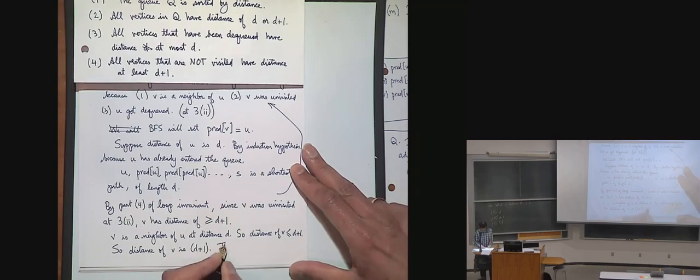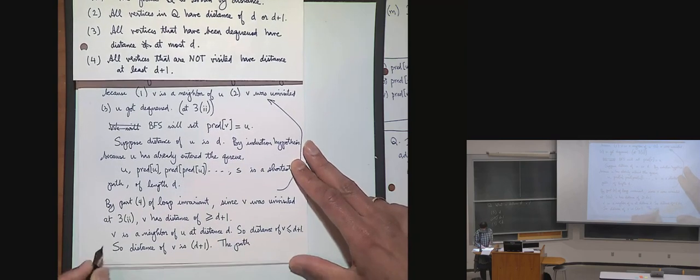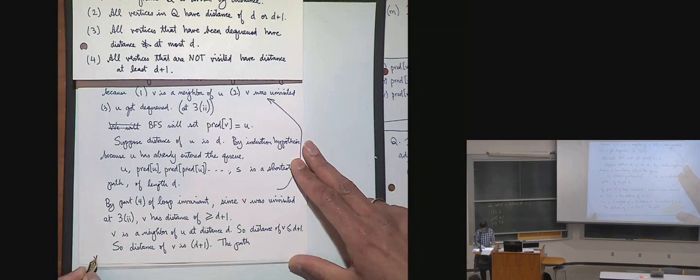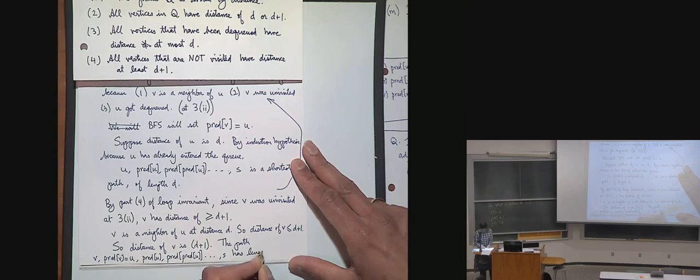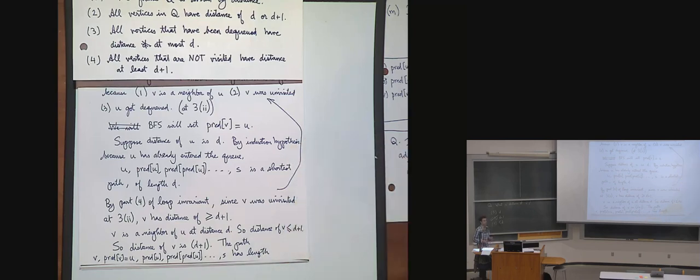And now we'll say the path V, the predecessor of V, which is equal to U, and the predecessor of U, all the way back to S, has length what? It is d plus 1. Why? Because from here to here, by the induction hypothesis, it was d, and there's an extra plus 1.